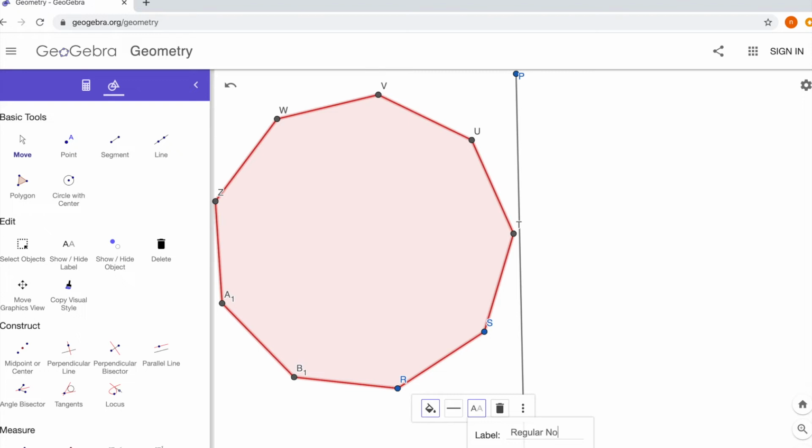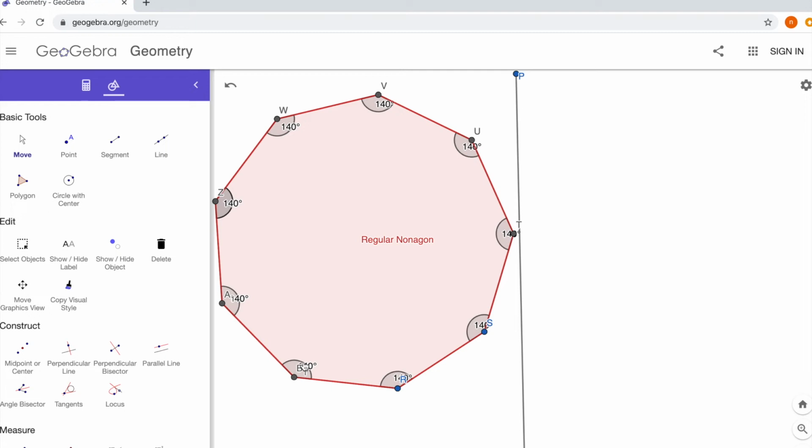By GeoGebra it is very easy to find out the angles, and by visualization it is more clear. Here you can see regular nonagon. Just find out what is the angle. One angle is 140 degree. Then we find out other angles and we see that all angles are 140 degree. All angles are of same measure.